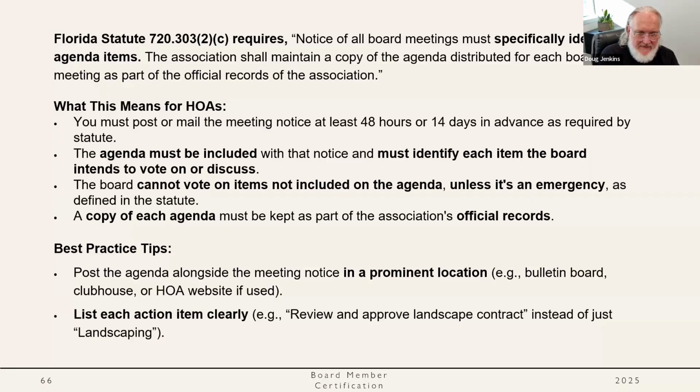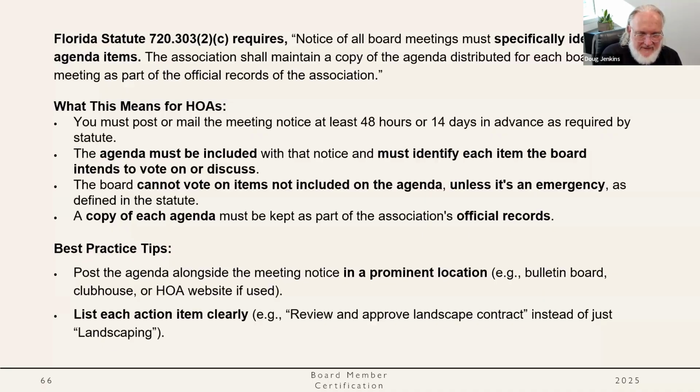Some practical advice here: post the agenda alongside the meeting notice in a prominent location. List each action item clearly. You can't just say landscaping as the agenda item. It needs to be review and approve a landscape contract, because people might be concerned about that. If you are just saying we're going to decide on the flowers or new plantings out front, they may not be interested.